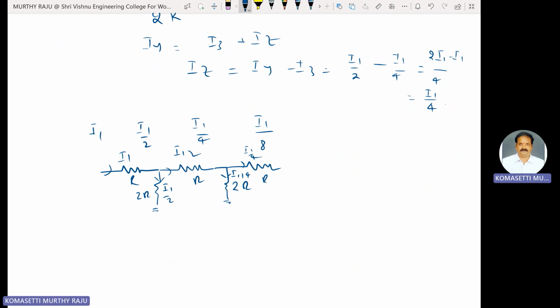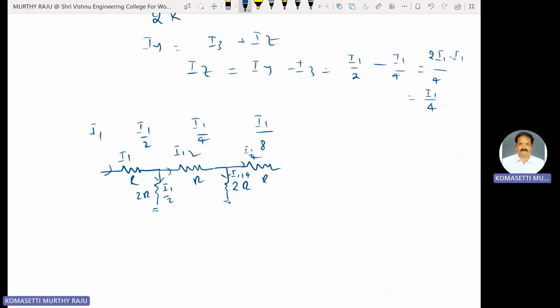The circuit has the important property that the current divides equally at each of the nodes. I1 is divided into I1 by 2 and I1 by 2, equal currents. I1 by 2 is divided into I1 by 4 and I1 by 4.